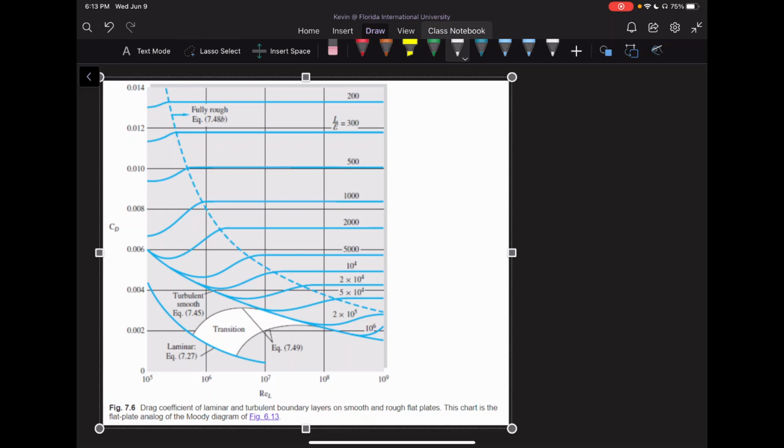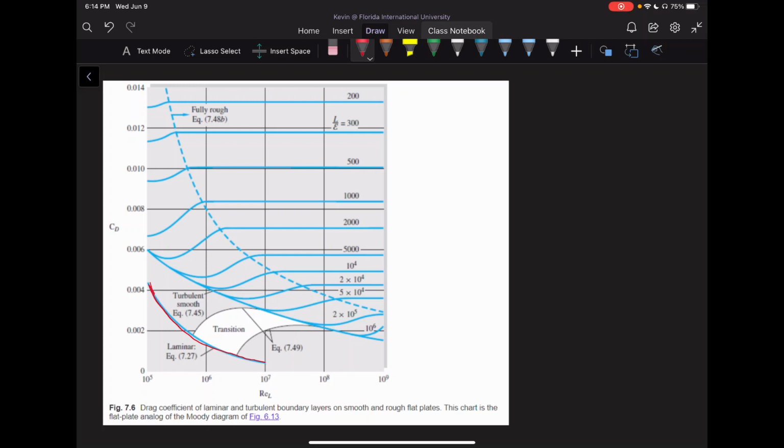If we have laminar flow, we follow this type of line, an equation that is very simple, and this is equation 7.27 in your textbook. This is the equation that relates our coefficient of drag to our drag. It says CD is equal to 1.328 over Reynolds to the 1/2, which is equal to 2D over rho u squared BL. So this equation is accounted for.